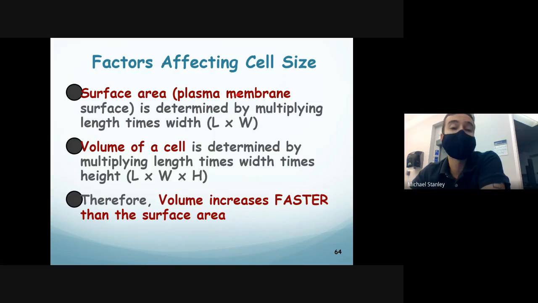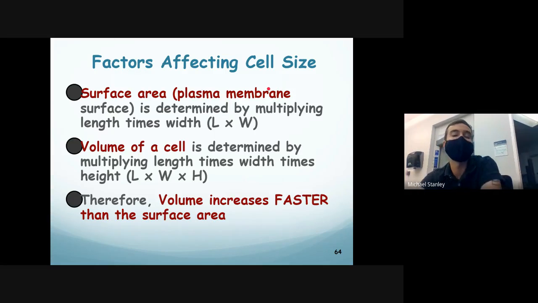But this means that as the cell gets bigger, the volume is going to go up way faster than the surface area. As a cell grows, its volume goes up exponentially faster, depending on the size of the cell, 2, 3, 4, 5, 10 times faster than the surface area.